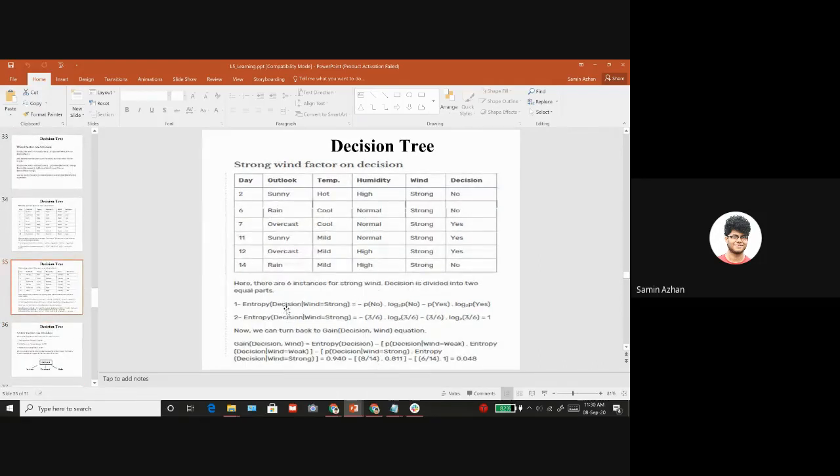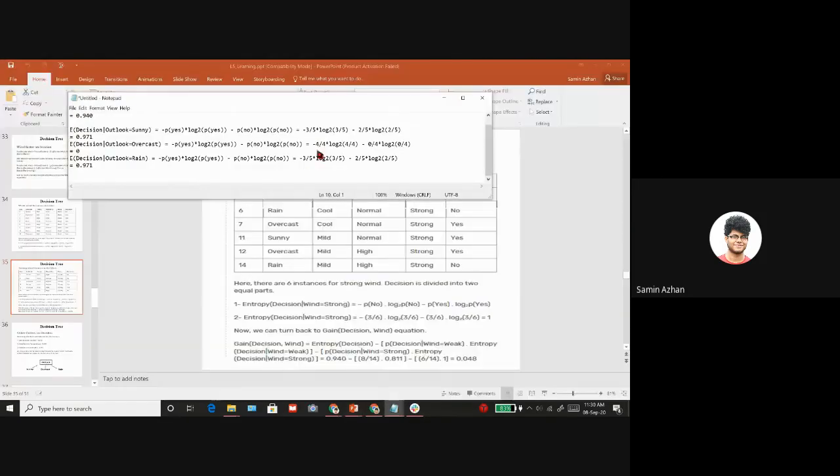Next, they calculated the entropy for decision while wind is equal to strong. After that, here is where they calculated the gain. The equation of gain is the entropy of decision minus the probability of decision while wind is equal to V times the entropy of decision while wind is equal to V, for wind equal to weak and wind equal to strong. So we get the idea of what we have to do.